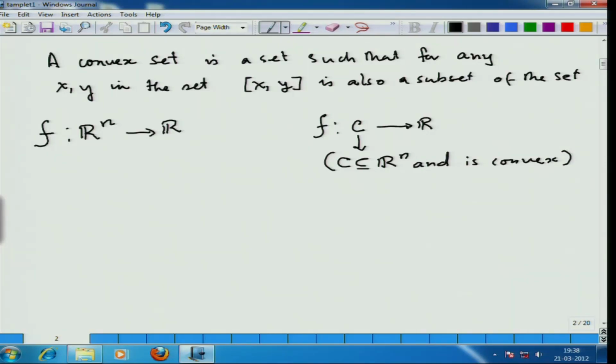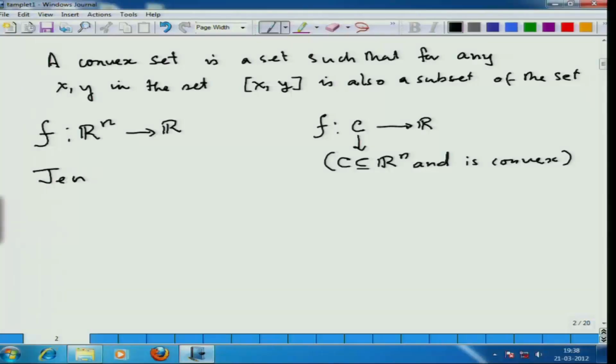Now, the most original, or rather I would say the earliest definition of a convex function was due to Jensen, J.L.W.V. Jensen. And Jensen gave this definition which says that if you consider a function from Rn to R or even from C to R.